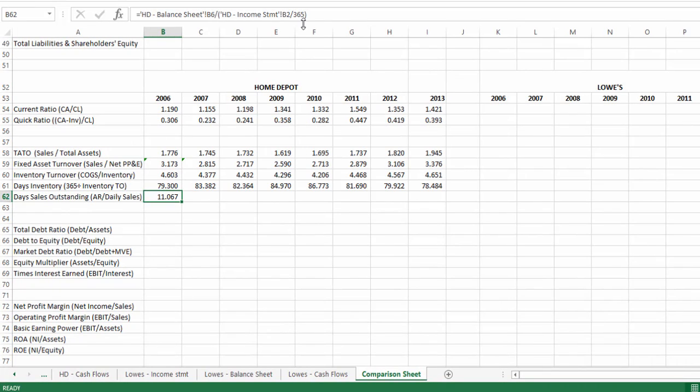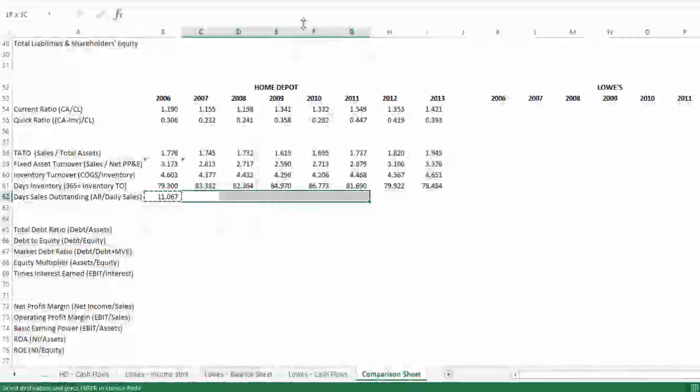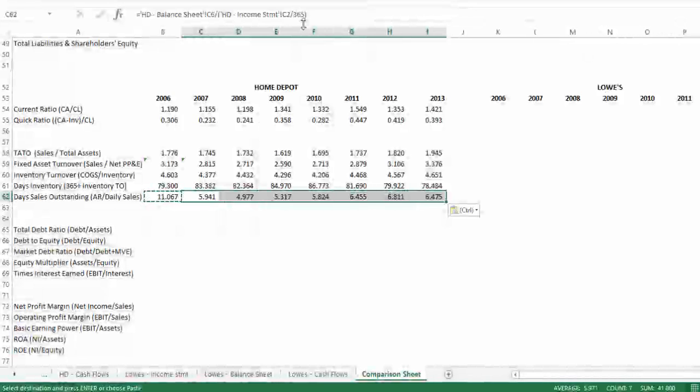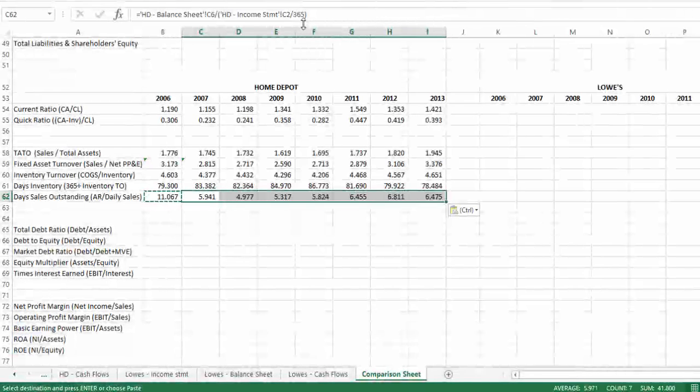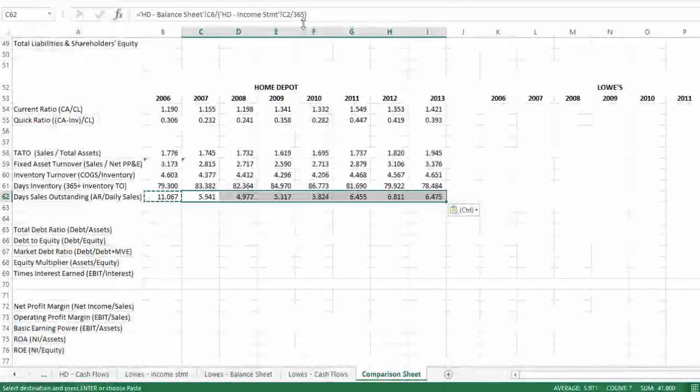And so we have 11 days of sales outstanding in terms of waiting to collect that money from our customers. So not a huge part of the current assets of the firm, and it's gone down over time. So receivables are not a big part of the Home Depot business.